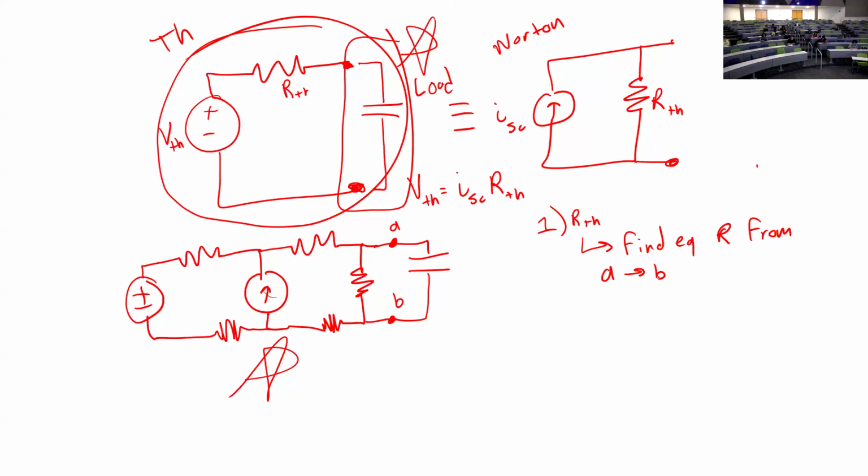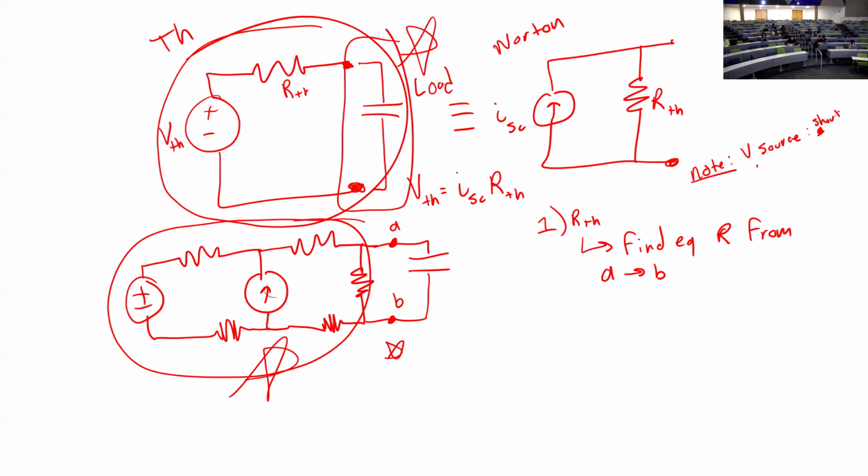All right. So in this case over here, if I'm looking at my A to B, I'm going to sum this whole thing up into one equivalent resistor. And the note here is that my voltage source becomes a short, and my current source becomes an open.